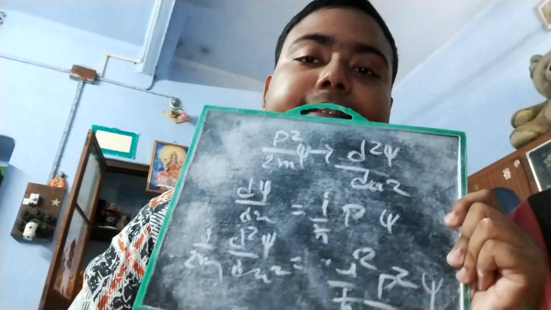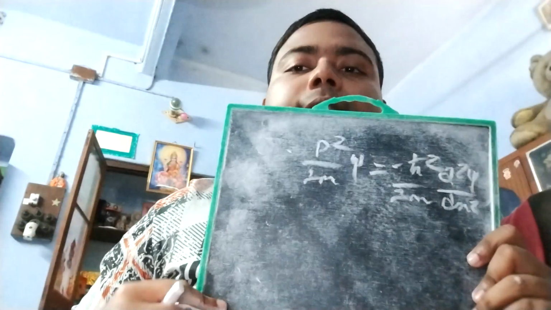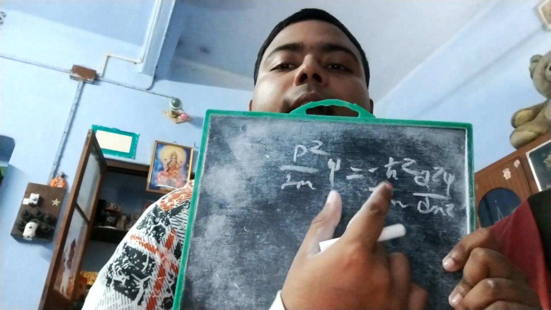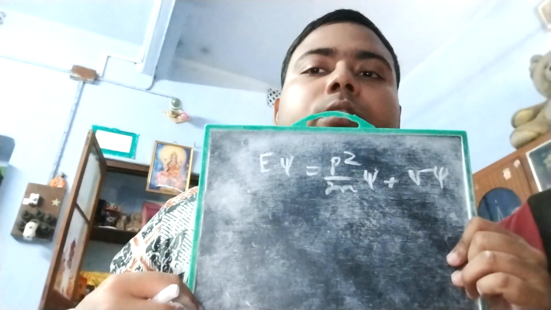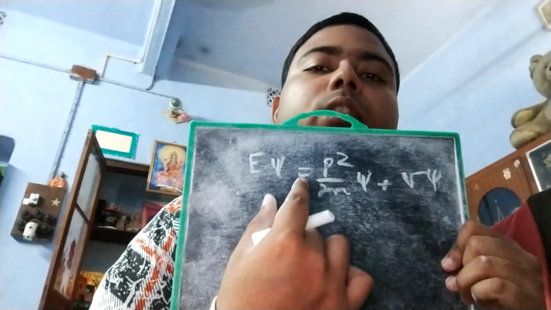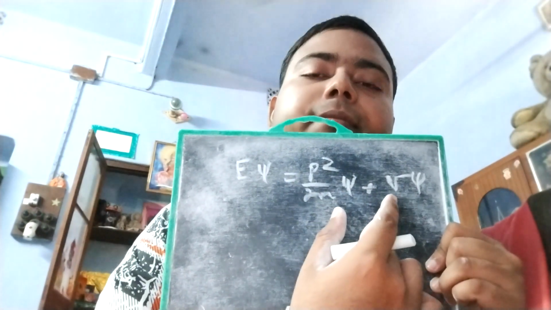So on further calculations, here we can see p square by 2m psi equal to minus h cut square by 2m d2 psi by dx2. So our first equation was E psi equal to p square by 2m psi plus V psi.